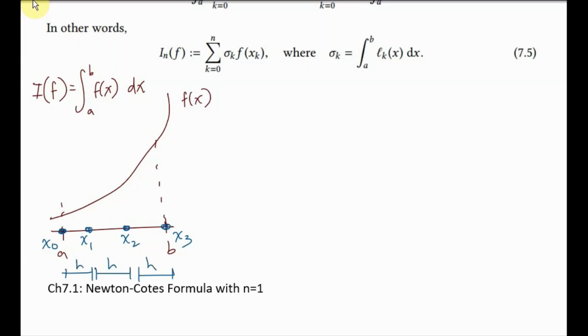Using these nodes, we can obtain an interpolating polynomial, right? If we have 4 nodes here, we will have 4 f of x values, and we can find an interpolating polynomial here, which is p3 of x in this case.